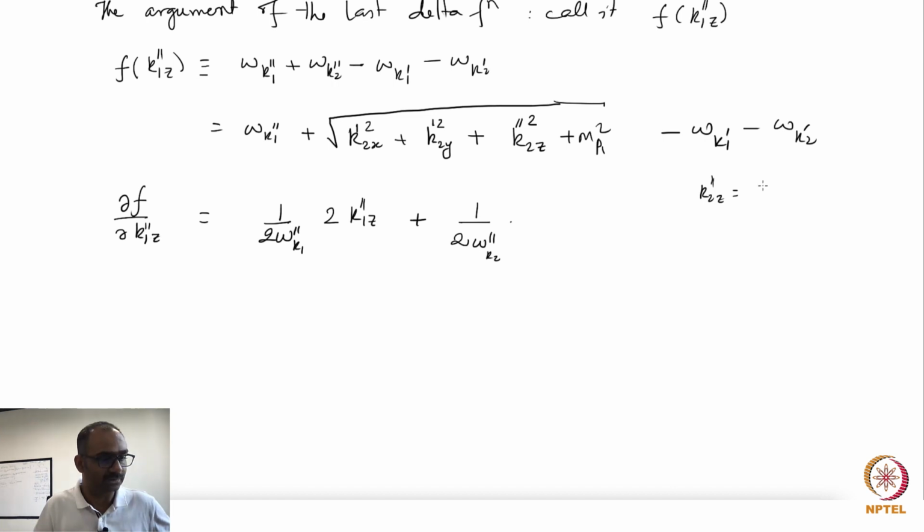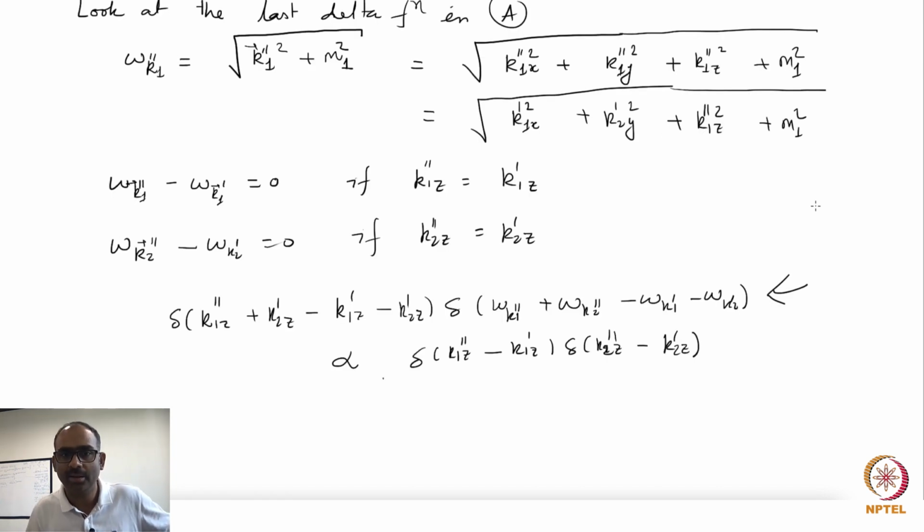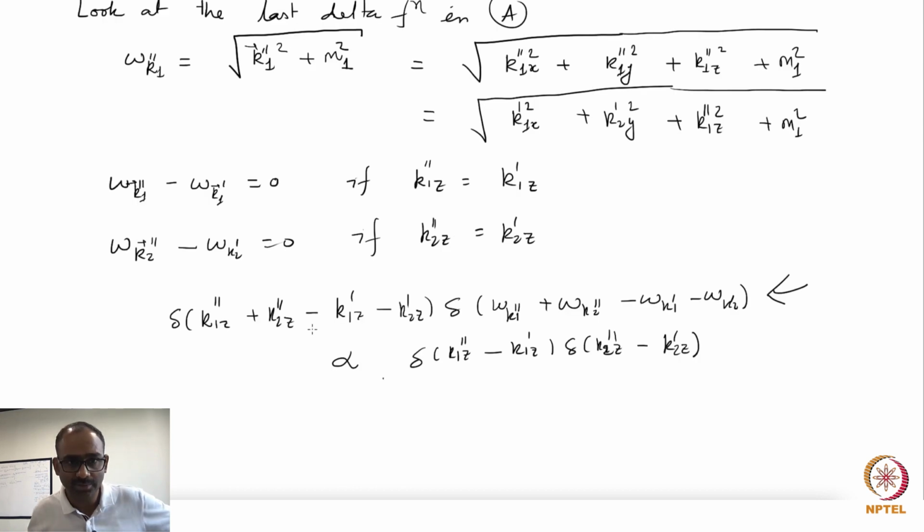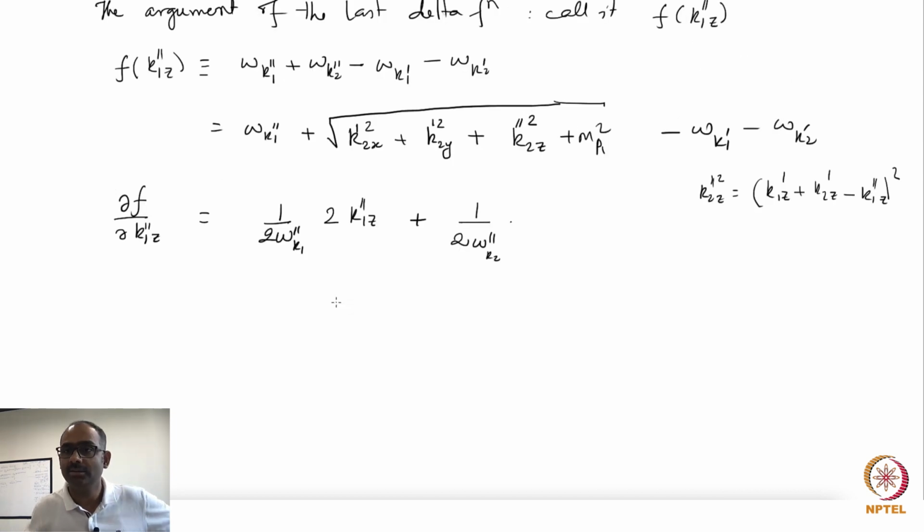This is from the previous delta function. This expression is coming from here, so I am just substituting k2 double prime z in terms of k1 double prime z and these things.